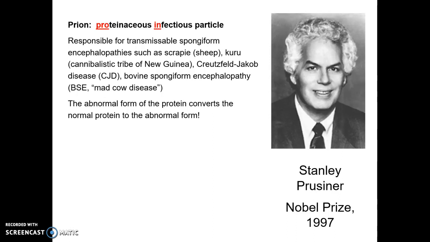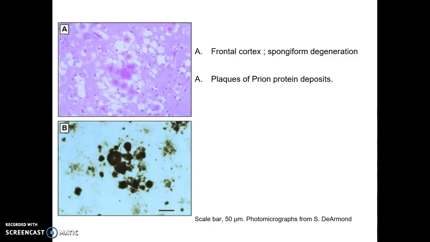Once he had finally amassed all of this evidence, they were laughing at him until he won the Nobel Prize. This is just a picture of the holes that are generated due to the dying of neurons, and you can see plaques depositing from these insoluble prion proteins, causing the neurons to die.